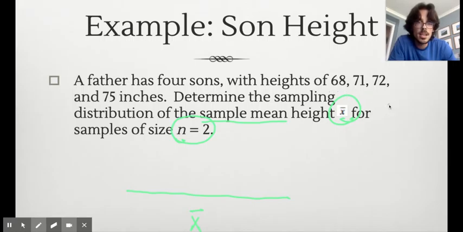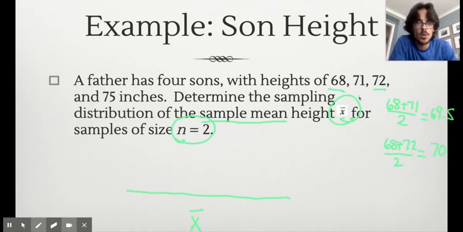So it could be that I pick the 68 and the 71. If I pick those 2 numbers, that's a 69.5 for my first value right there. So that's one value for x bar. I came away, oh, my sample mean is 69.5. But you might have picked the 68 and the 72. Well, if you found the average, you come away thinking, oh, the average is 70.